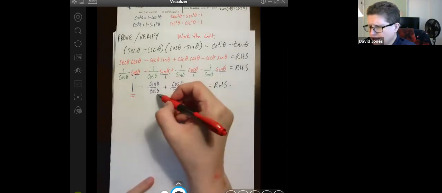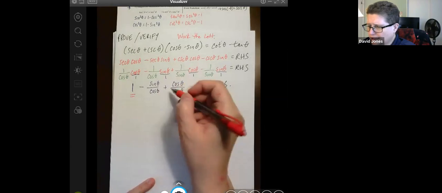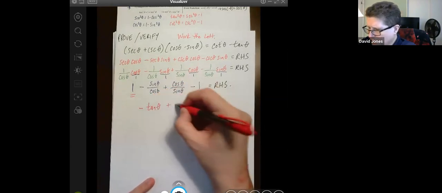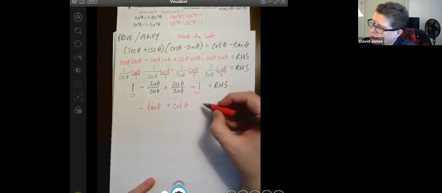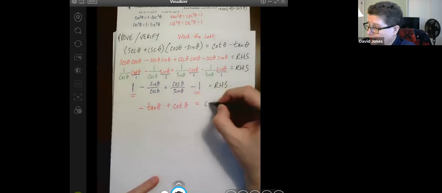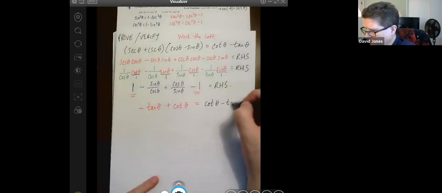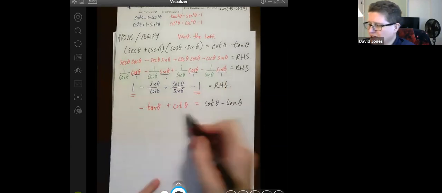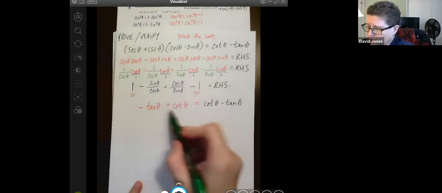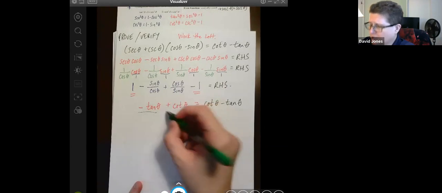Let's write these using the quotient identities. This is negative tangent theta plus cotangent theta equals, and look at that. All we have left to do is just change the order, right? We got to keep the signs with our things. The minus goes with the tangent.